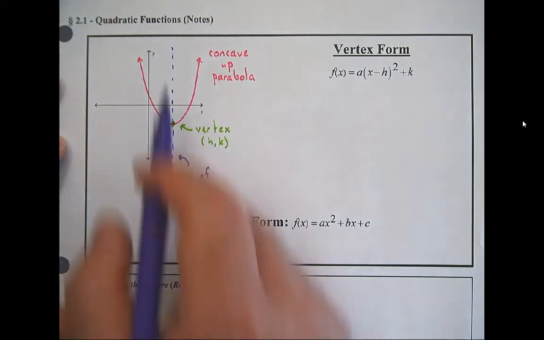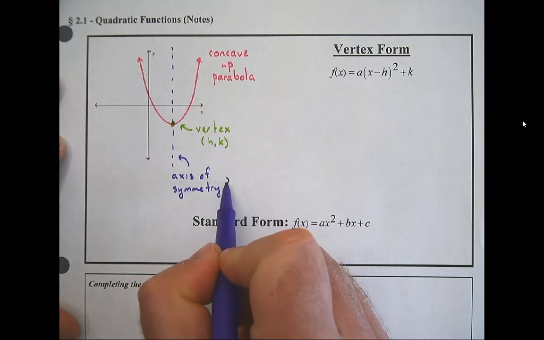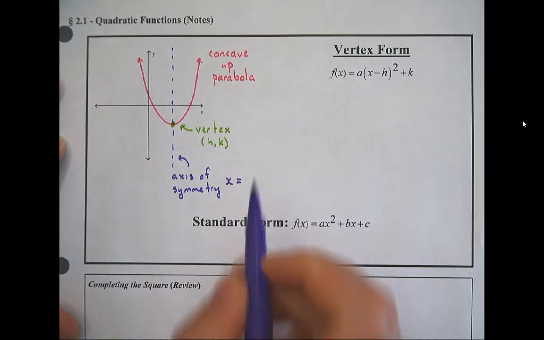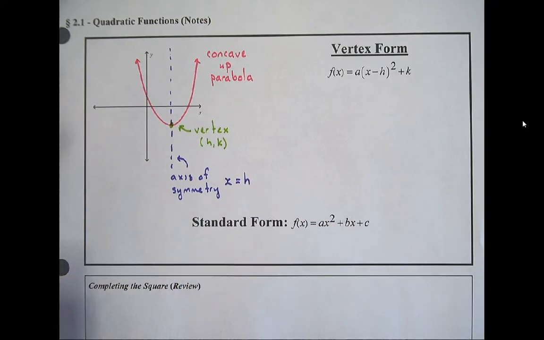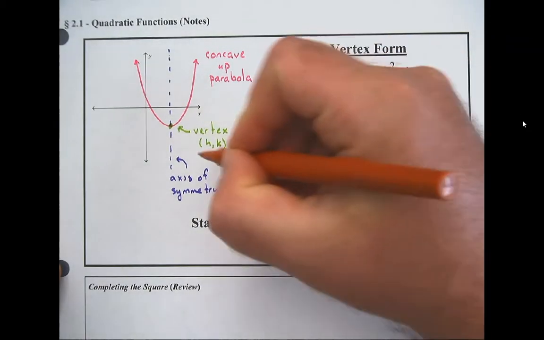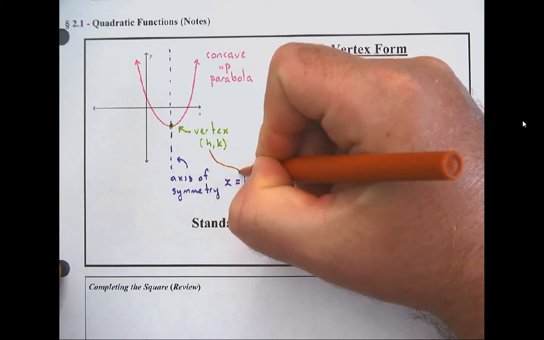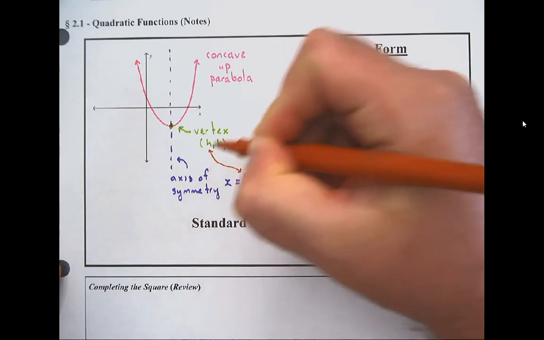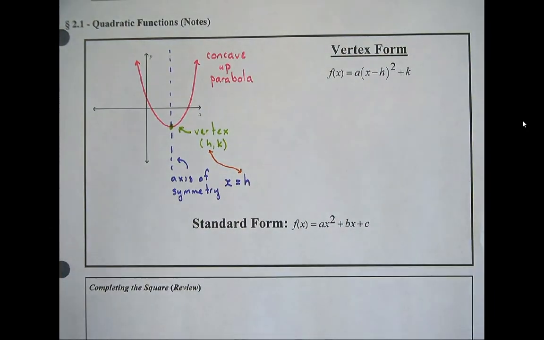This is a vertical line, and all vertical lines have the equation x equals, and it's x equals h, which makes sense because that axis of symmetry goes right through the vertex. So the x value of the vertex should be the same as the x value used for the equation of the axis of symmetry.